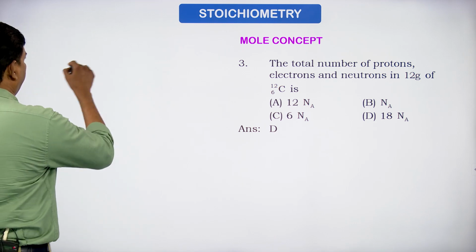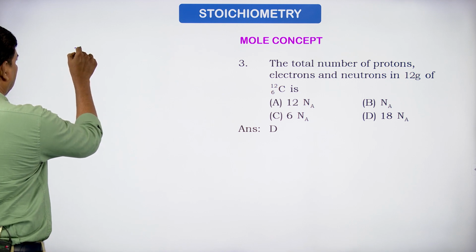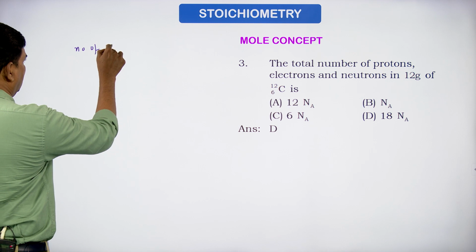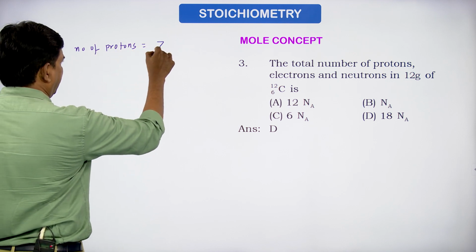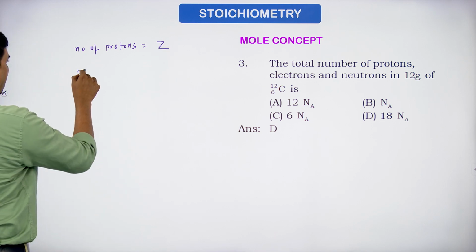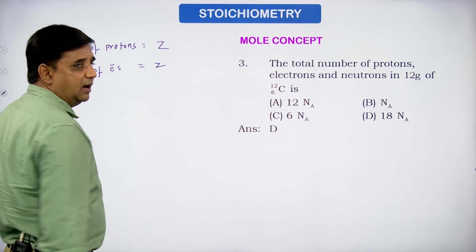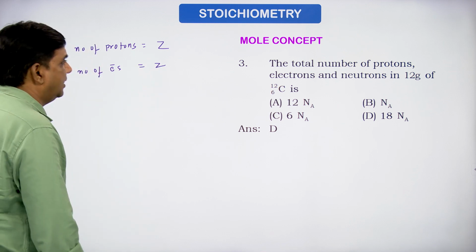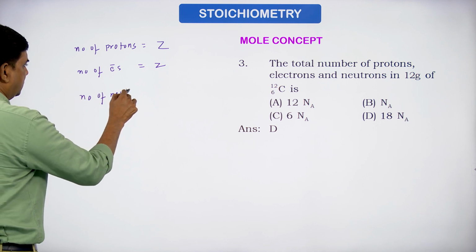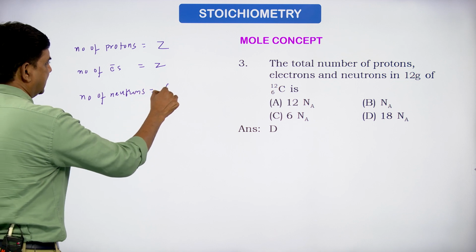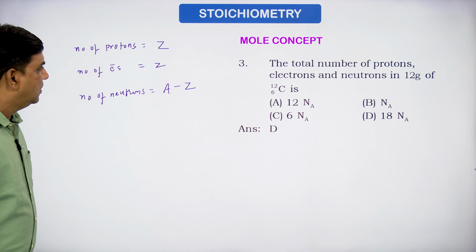Total number of protons is equal to Z, the atomic number, per atom, and the number of electrons is also equal to Z, the atomic number, and the number of neutrons is equal to A minus Z, mass number minus Z. What is 6C12?